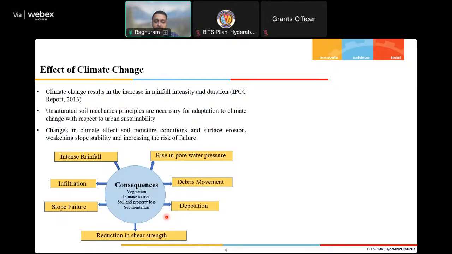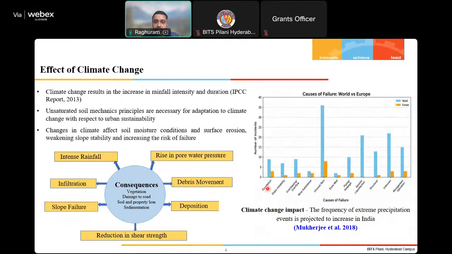Whatever rainfall intensity we expect, it is crossing the expectation limits or maybe falling lesser than the expectation limits. And duration, especially these days, we are seeing increasing durations, and all these things are due to climate change.